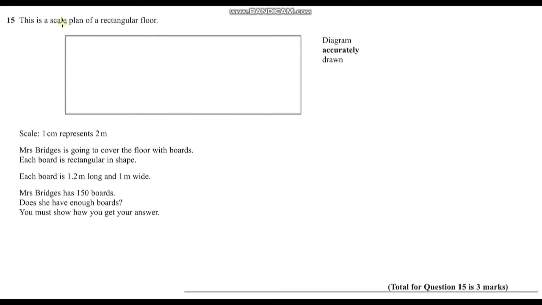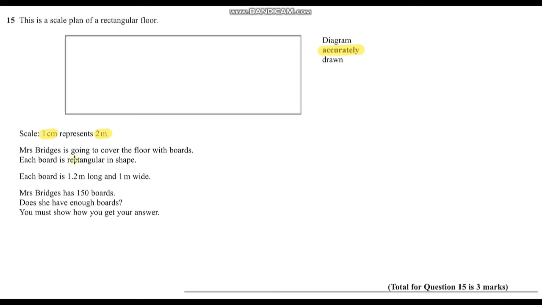Question 15. This is a scale plan of a rectangular floor, and I can see over here it says that the diagram is accurately drawn. So for this particular question, I've printed off the question because you need to be really accurate, and I've got my ruler, so I'm going to do all of the measurements and then label them on this diagram. We've been given a scale, so 1 centimetre on the piece of paper represents 2 metres in real life, and it says Mrs. Bridges is going to cover the floor with boards.